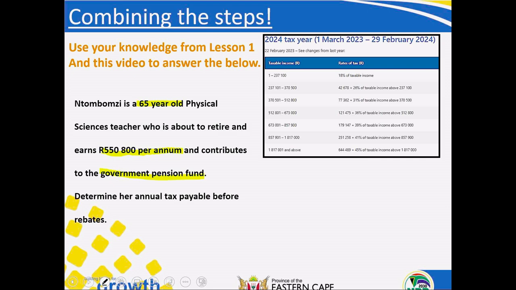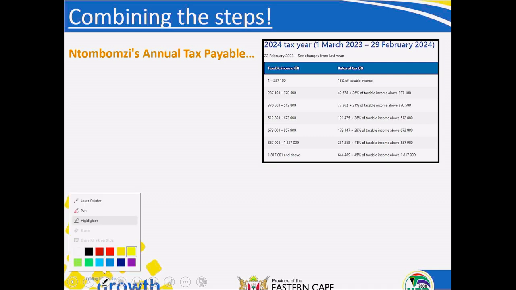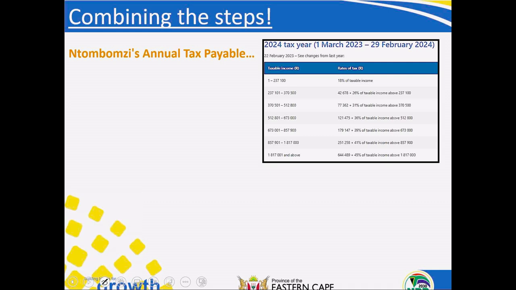So, like I mentioned, one of the differences in this question compared to Tamia's scenario was the fact that Ntombomzi's salary was given in a yearly format, whereas we were given Tamia's monthly. So when we begin our calculation, remember I asked you, do you think we would need to times by 12?